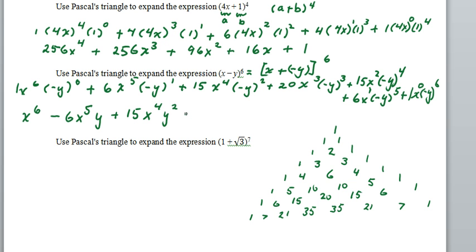The fourth one will be a negative, 20x cubed y cubed, followed by the positive 15x squared y to the fourth, minus 6xy to the fifth, plus y to the sixth. 7 terms from the 6th row of Pascal's triangle if you start counting at 0.